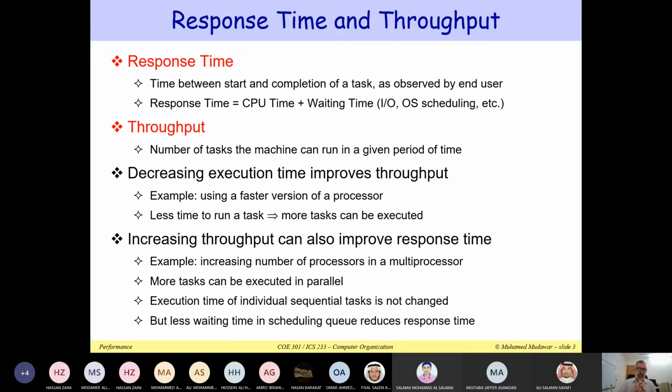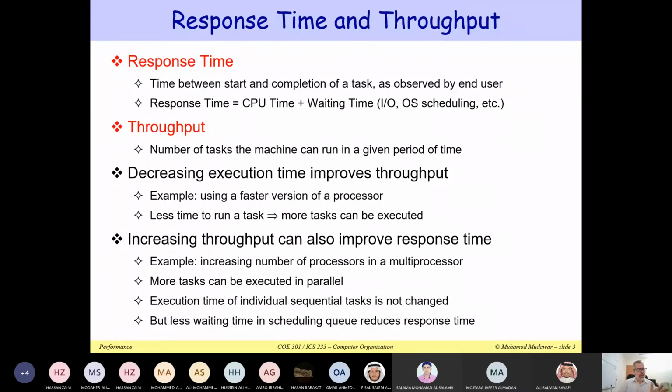Okay. On the other hand, we have throughput. Throughput means the number of tasks, where a task means a program, that the computer can run in a given period of time. If you can execute the same program, let us say, 10 times in each second or in each minute, then this is called throughput.